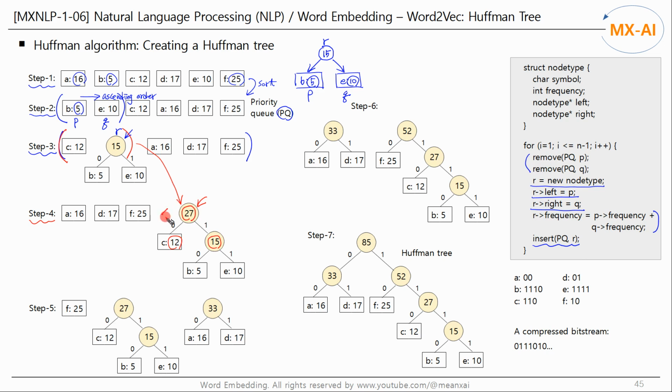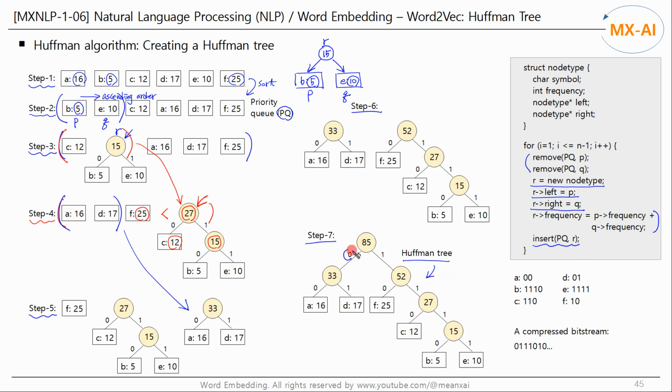Since this value is greater than 25, this node is inserted at the end of the priority queue. Then the priority queue becomes like this. In the next step, the characters A and D are combined like this. Repeating this process produces the following Huffman tree.